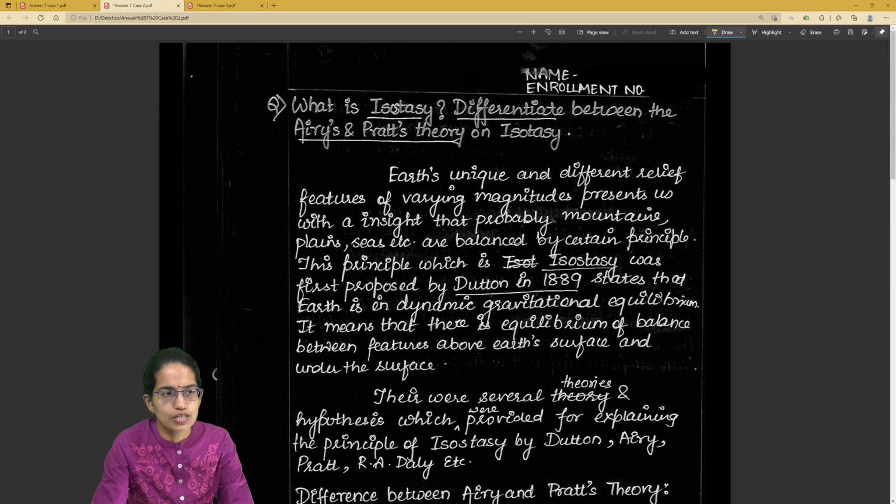The second advantage for this answer, as we can see, is that the writing is very legible.